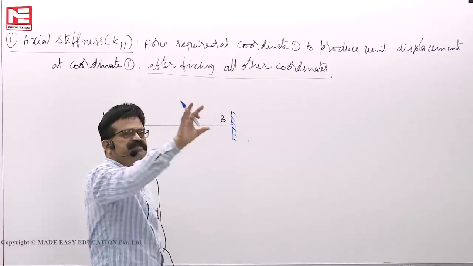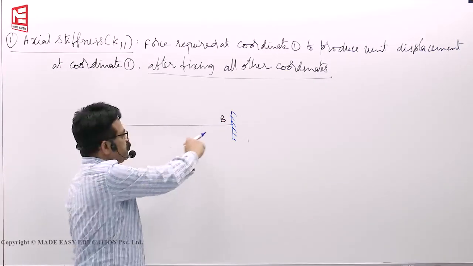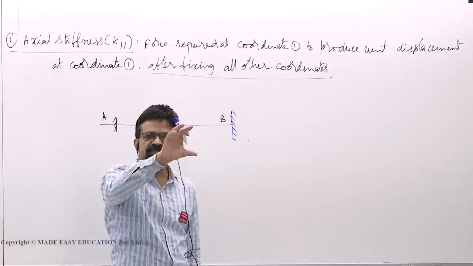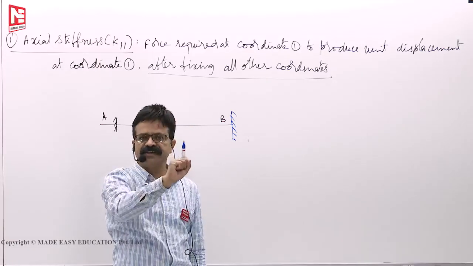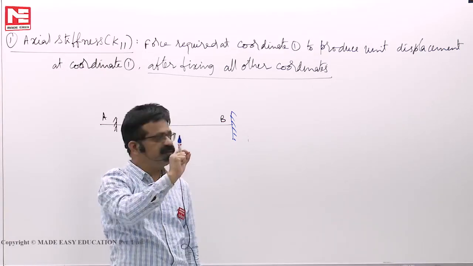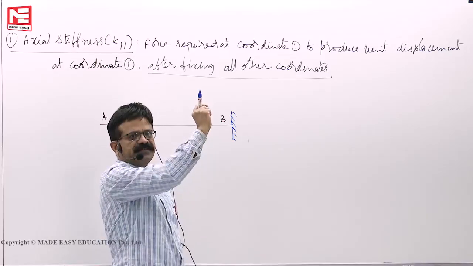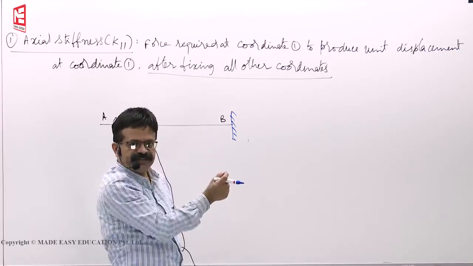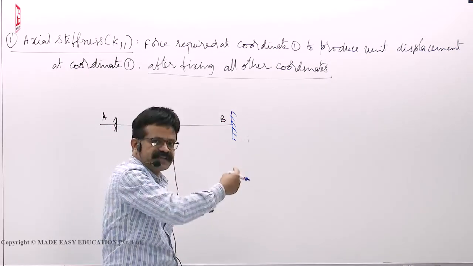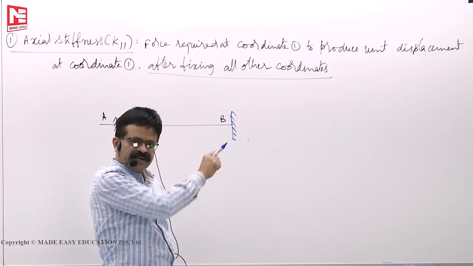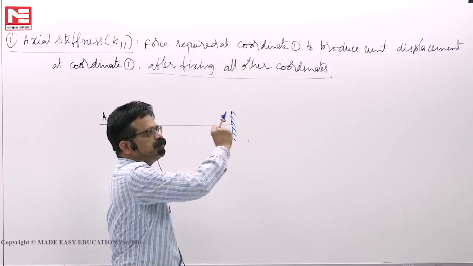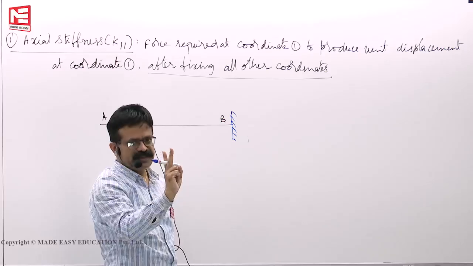It is simply symbolic. This is a fixed support, but here the blue color one is a symbolic representation of fixing all other coordinates. Don't permit joint B to deflect. Don't permit it to rotate. Don't permit it to get twisted. Without permitting all other displacements, hold it, pull it by unit displacement.